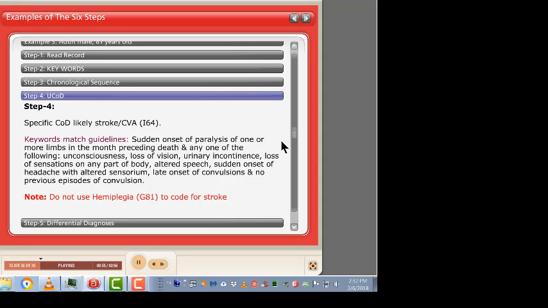Sudden onset of paralysis of one or more limbs in the month preceding death and any one of the following: unconsciousness, loss of vision, urinary incontinence, loss of sensations on any part of body, altered speech, sudden onset of headache with altered sensorium, late onset of convulsions and no previous episodes of convulsion. Note: do not use hemiplegia G81 to code for stroke.